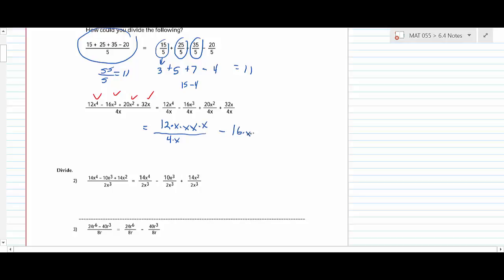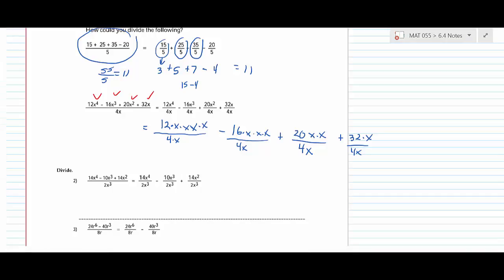And then 16 times x times x times x for the x to the third, over 4x. You don't have to write this down. If you can do this in your head, that's all I care about. And then the last one, I've got 32 times x over 4x. There are times when students forget the rules of exponents, and if you do, you have to do it this way. Okay? Now, watch what happens.